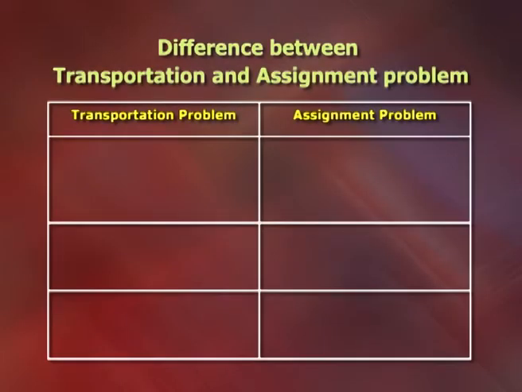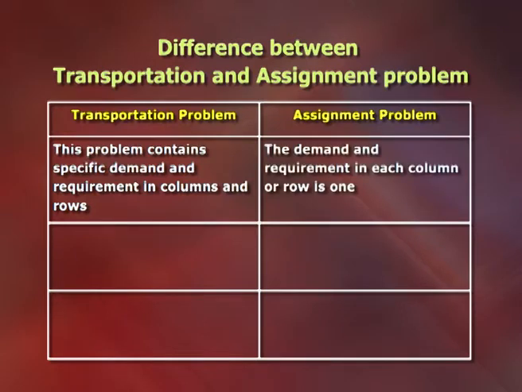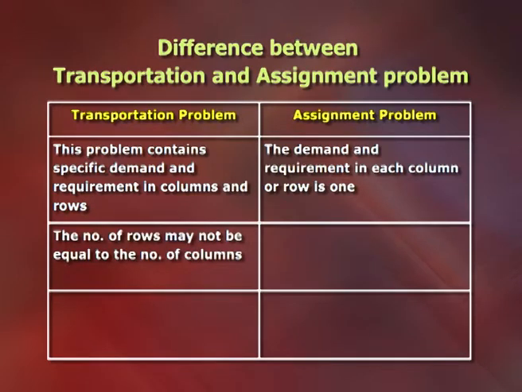Let us understand the basic difference between the transportation and assignment problem. Transportation problem: this problem contains specific demand and requirement in columns and rows. Assignment problem: the demand and requirement in each column or row is 1. Transportation problem: the number of rows may not be equal to the number of columns.